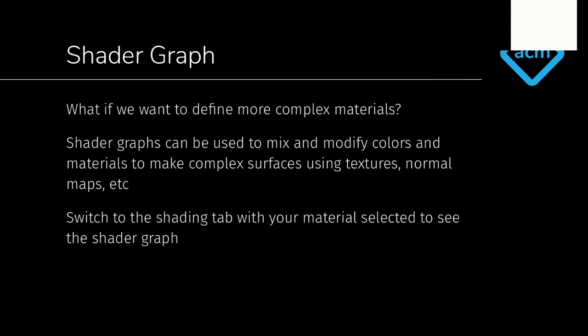Okay, so how can we make more complex materials? Well, basically we can use something called a shader graph. Shader graphs allow you to mix and modify colors and materials to create complex surfaces using textures, normal maps, etc. If you're coming from video games, you might know that some surfaces have their color from a texture, and it's not just a constant color.